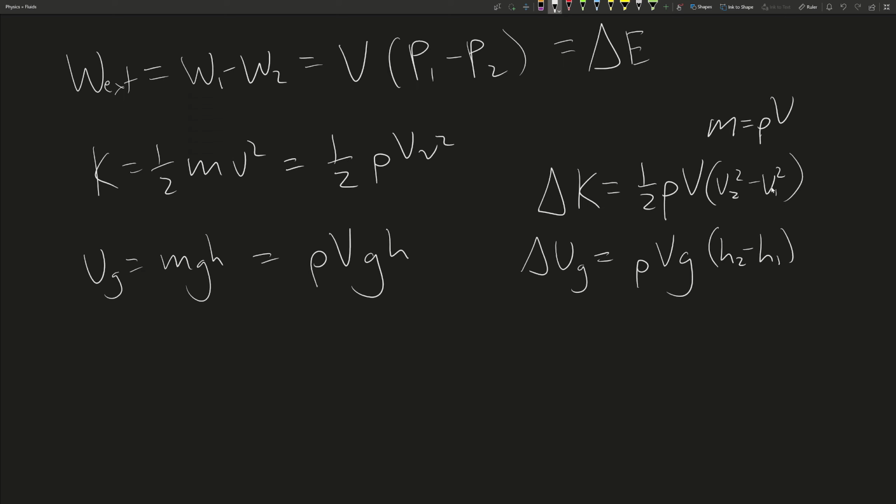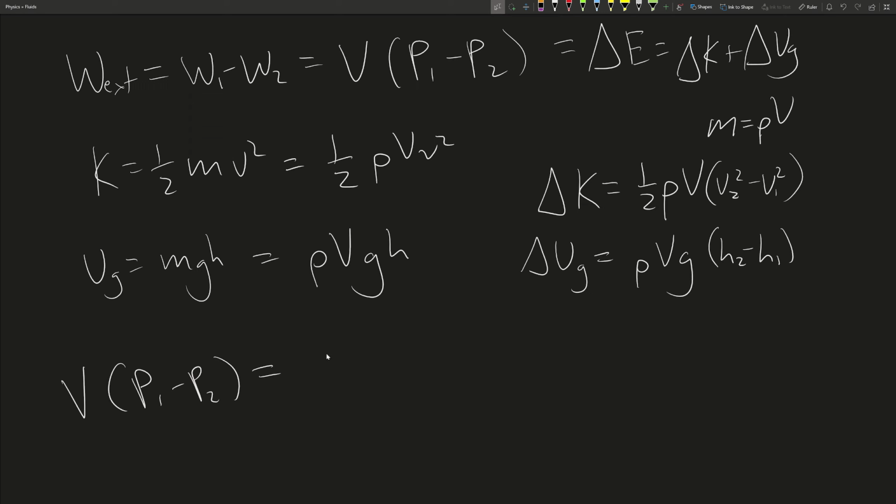So now if we combine these, we get that the work, which is volume times pressure 1 minus pressure 2, is equal to the change in energy, which equals the change in kinetic energy plus the change in potential energy.